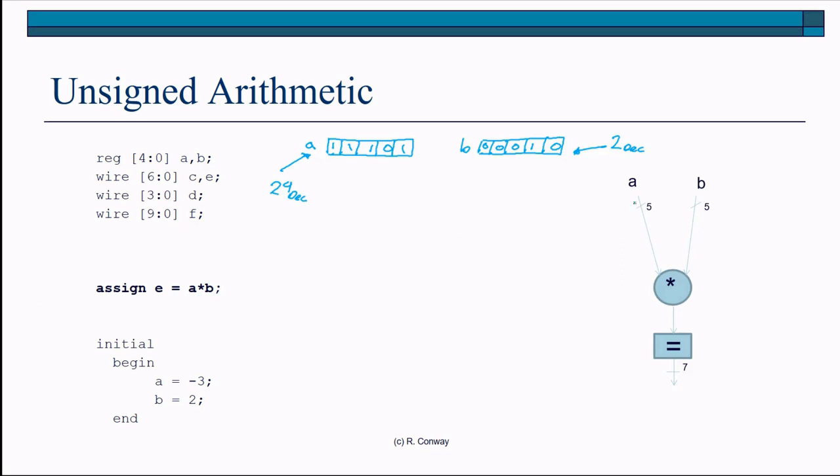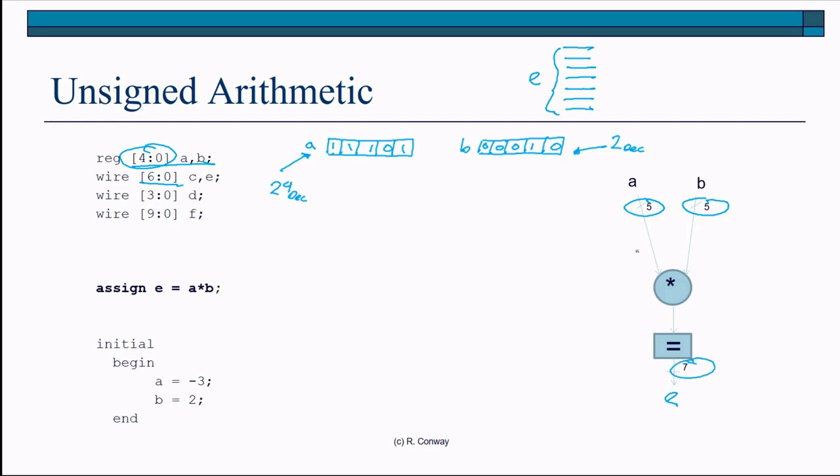We then identify the sizes for all quantities. So we've got A is 5, B is 5, and that comes from the declaration. We have a 5-bit vector, and E is a 7-bit vector of type wire. So E looks like this, representing 7 wires.